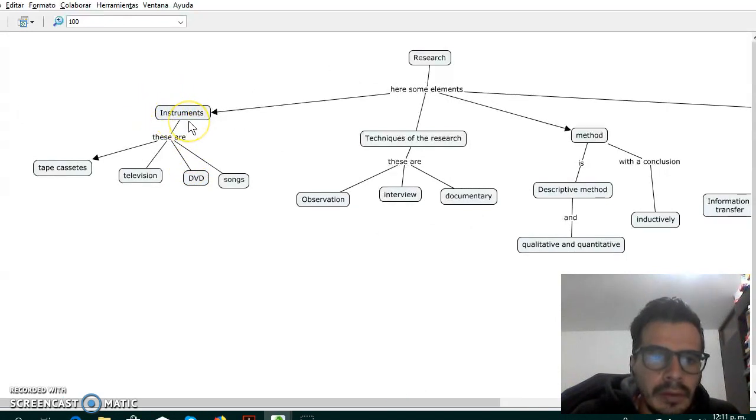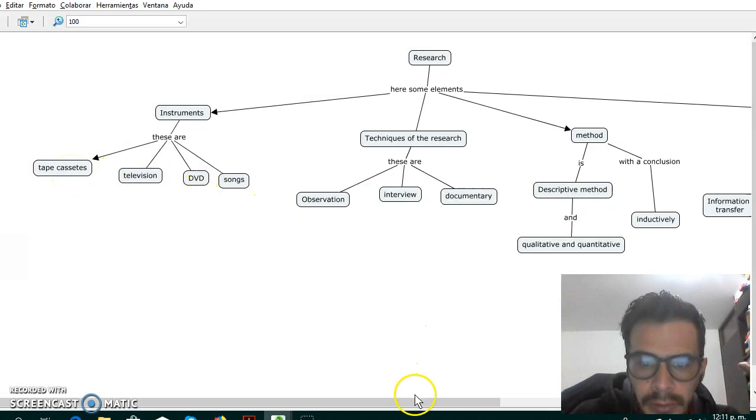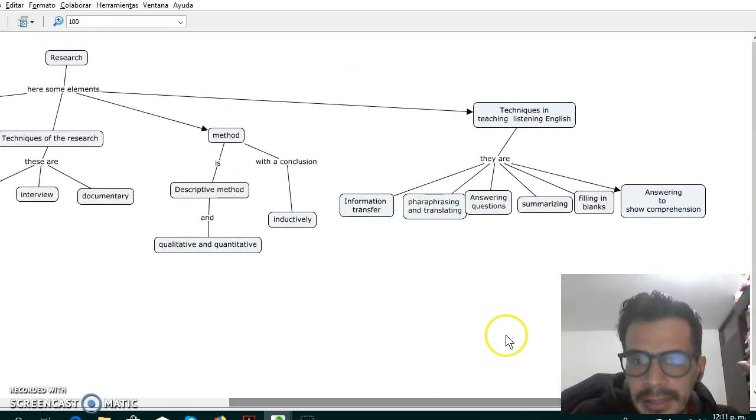To summarize this process: the study observed the instruments that the teachers apply in this institution, such as taped cassettes, television, DVD, songs, and so on. It is based on these techniques in teaching listening skills: information transfer, paraphrasing and translating, answering questions, summarizing, filling in blanks, and answering to show comprehension.